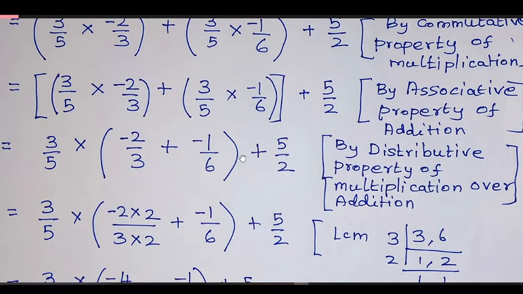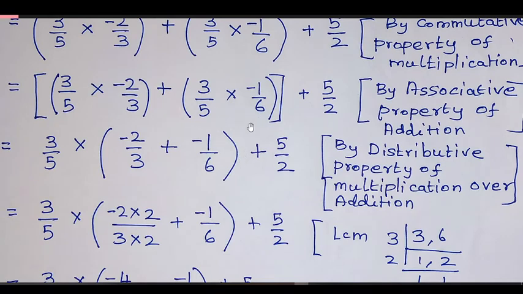Now once it is done, I can take out the common 3 by 5 into. If a value is distributed within two terms, you can take it out with the multiplier, which is multiplication. The distributive law of multiplication is a into b plus c equals a into b plus a into c.